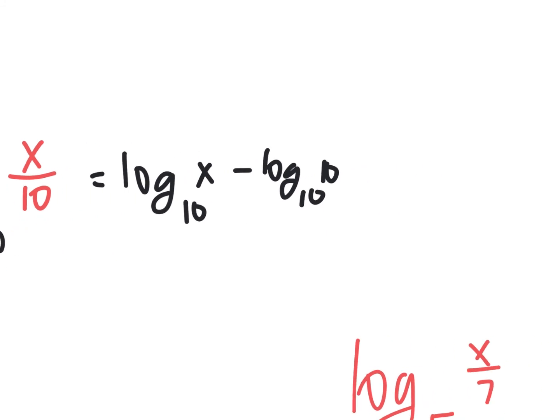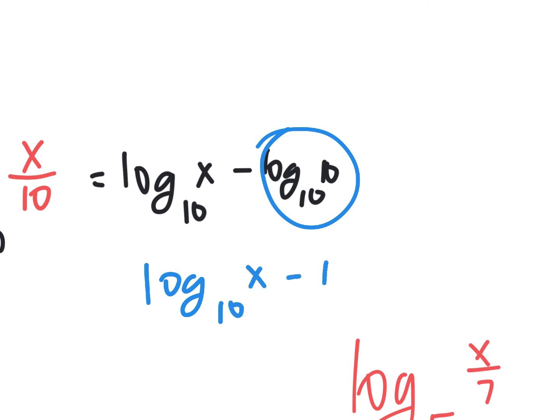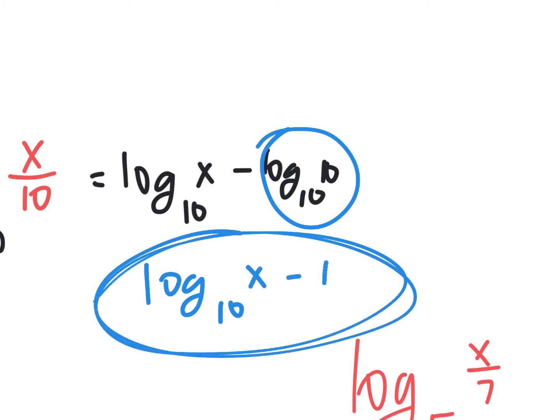And if you wrote it that way, I would cry a little bit and mark it wrong. Jacob, why? You have to simplify it to 1. That's 1. So it should have been log base 10 of x minus 1. That's expanded and simplified. Yes, you may. Is the minus 1 on the exponential side, or is it on a normal?